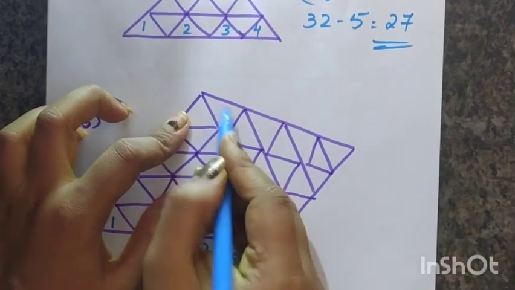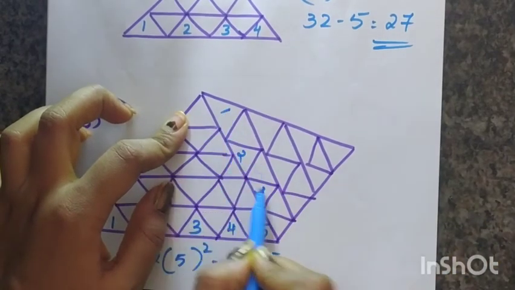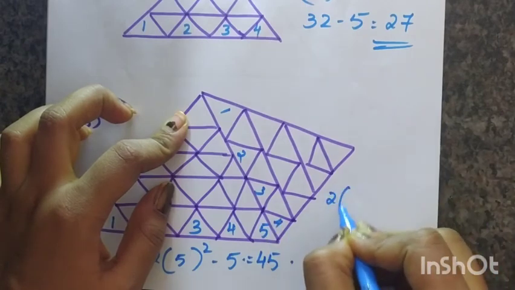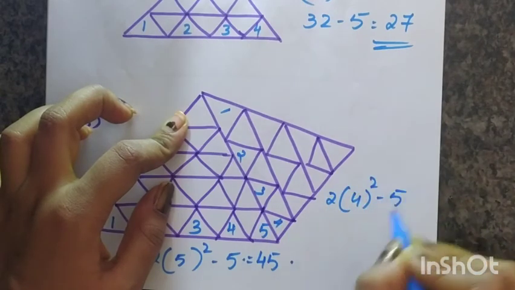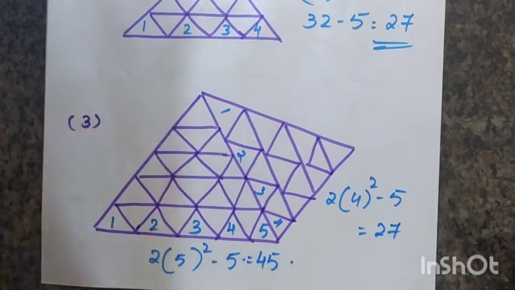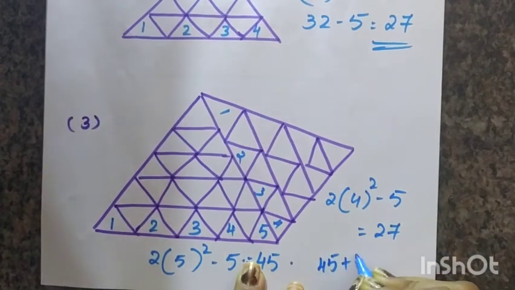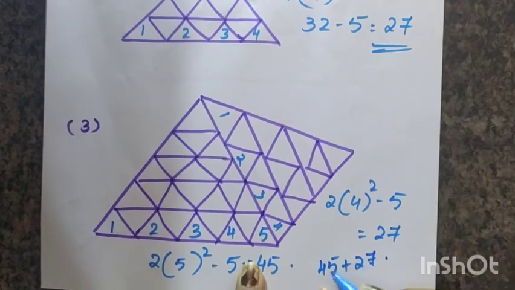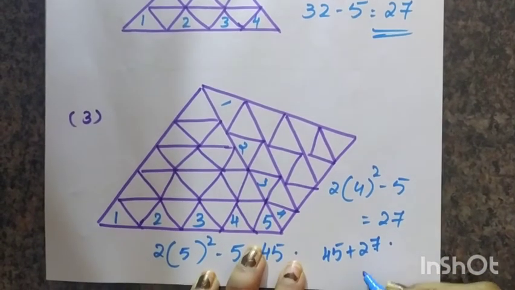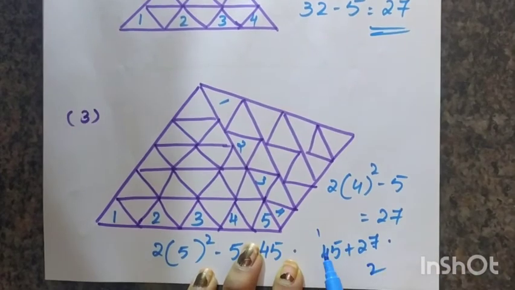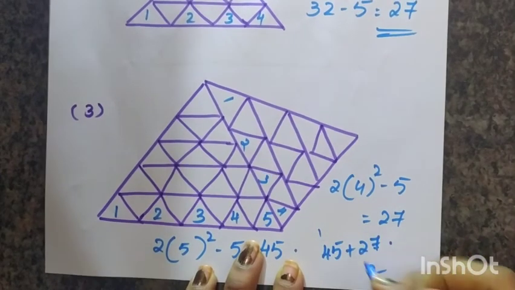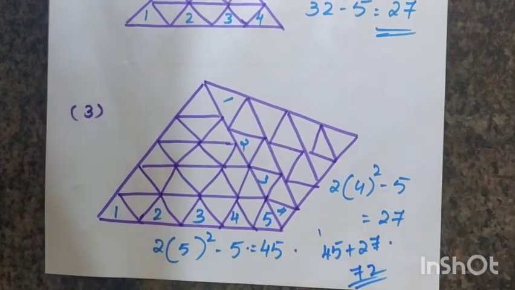Now here 1, 2, 3 and 4. So 2 into 4 square minus 5, you get 27. So 45 and 27, added, that's all. 45 plus 27. 7 plus 5 is 12. So 1 carry, 4 plus 2 is 6, plus 1 is 7. So hence there are 72 triangles in this figure. Fine.